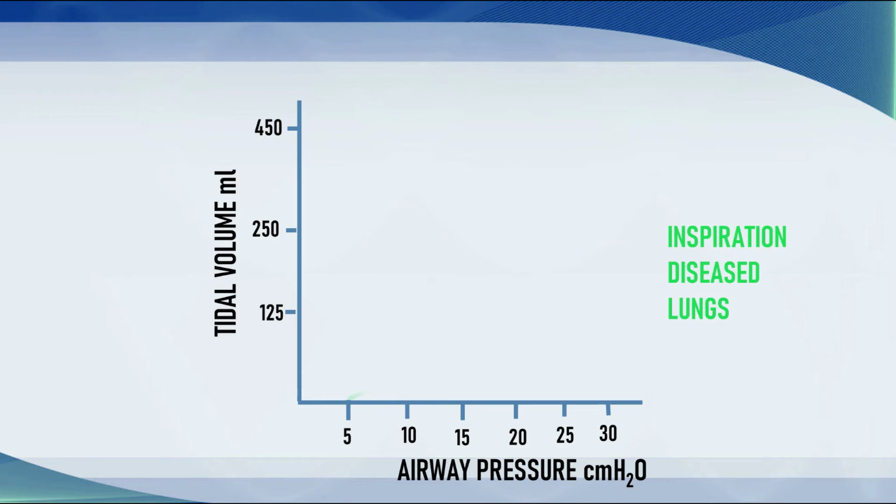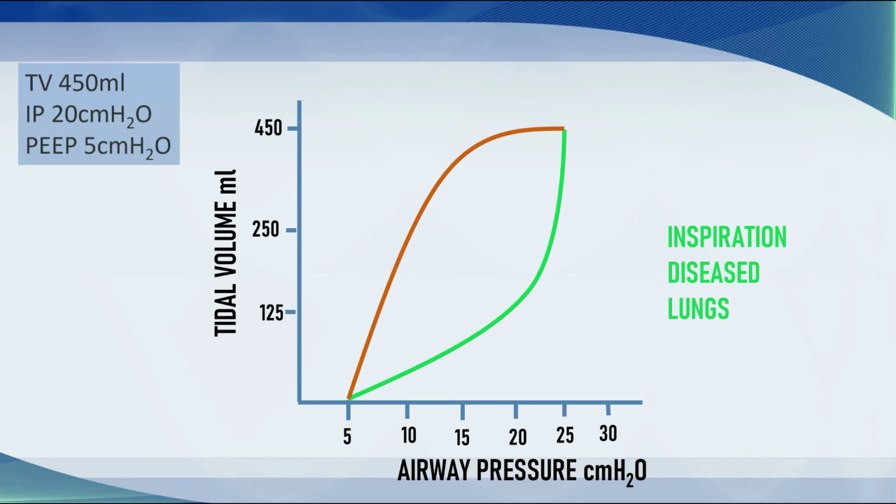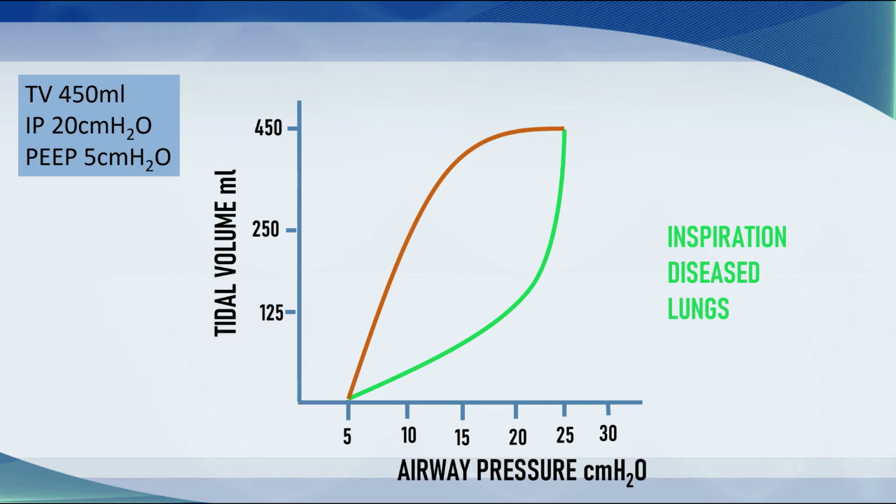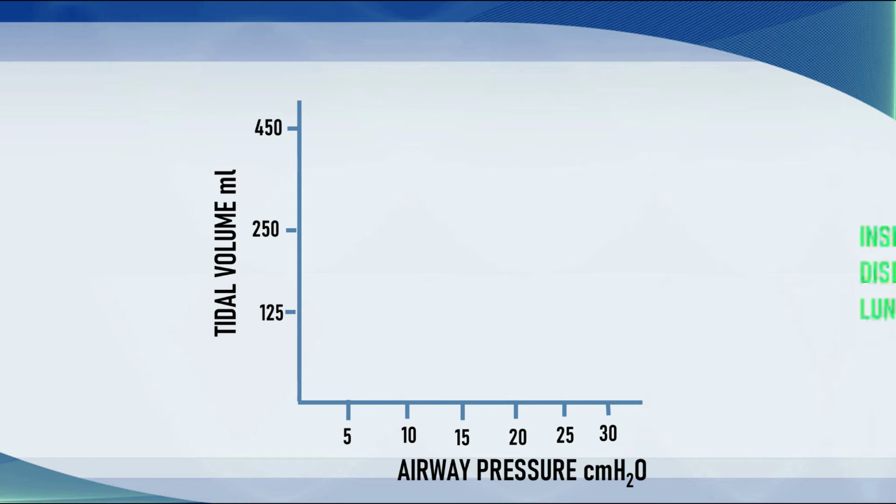And this is what it looks like. By adding that 5 centimeters of water of PEEP, the same tidal volume is achieved with 20 centimeters of water of inspiratory pressure rather than the 30 that we had in the previous picture, as a consequence of improved volume-pressure characteristics and better compliance. So the compliance here has improved to 22.5 mils per centimeter of water.